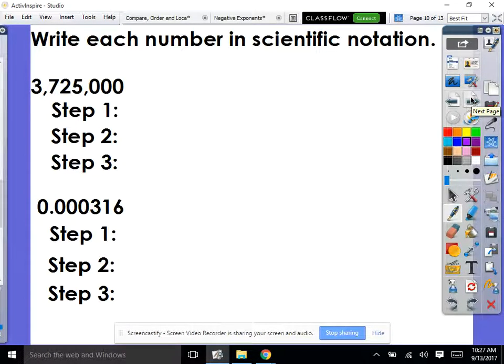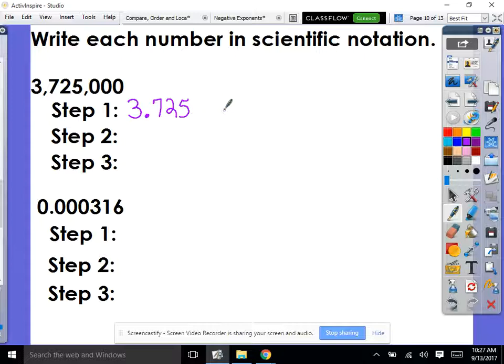All right, so step 1. We rewrite the number with the decimal after the first natural number. So 3 is our first natural number. And because we have this decimal, we do not have to put the ending zeros, unless there's another significant non-zero digit.